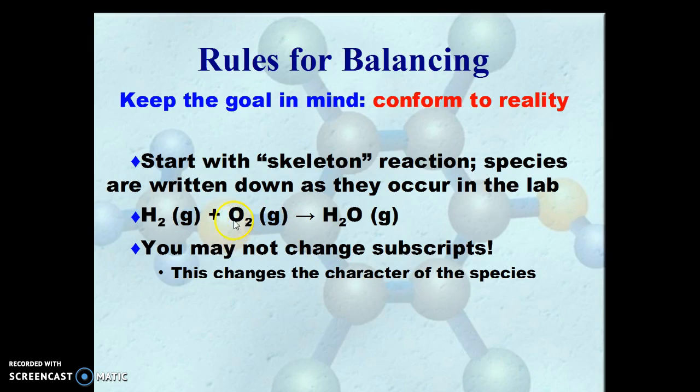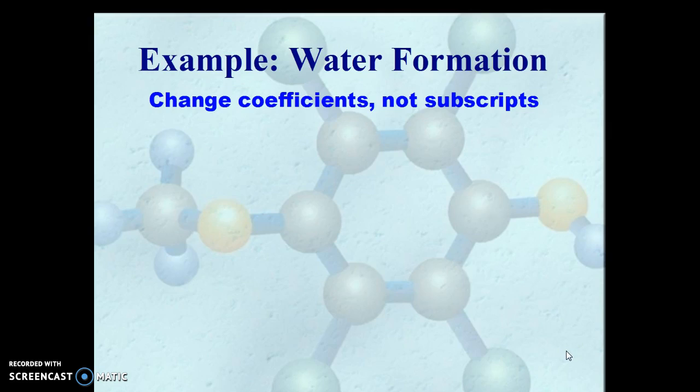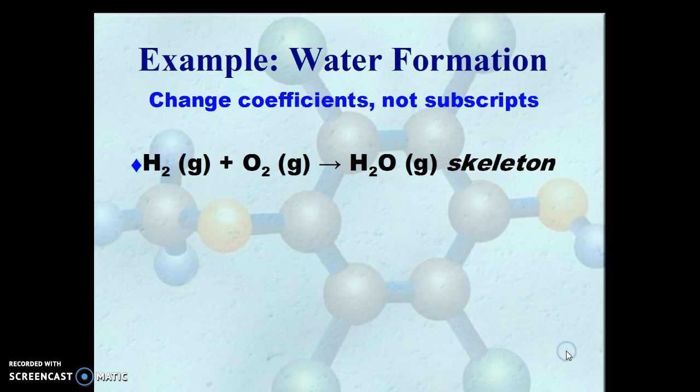You can't, for instance, balance this by making this H2O2 because that's no longer water, it's hydrogen peroxide, and you're lying. Then we change the coefficients until the atoms on the left and the right are the same for all elements. So, for example, in water formation, we change the coefficients.